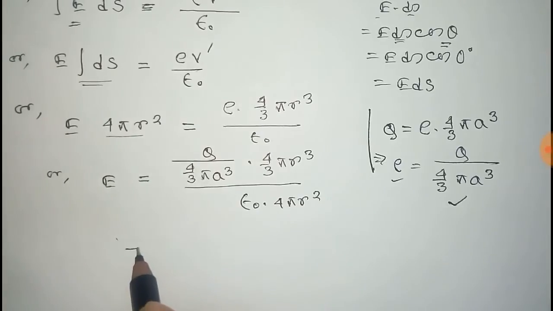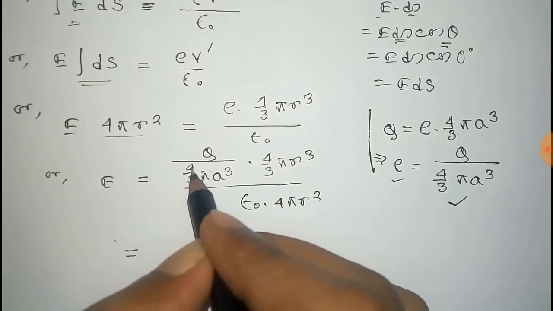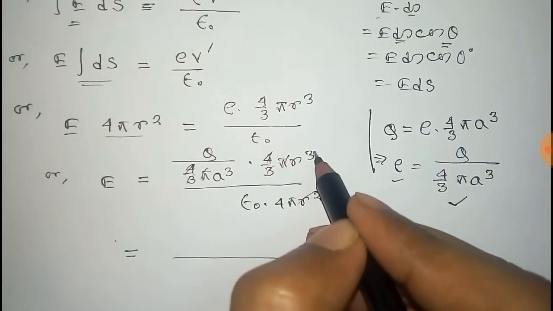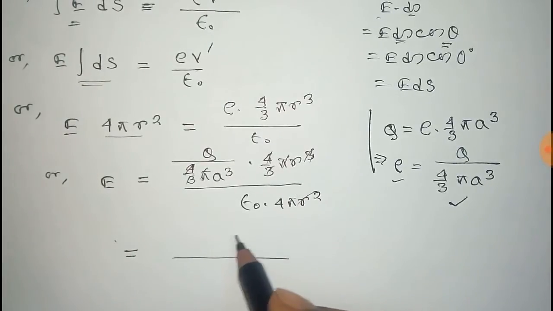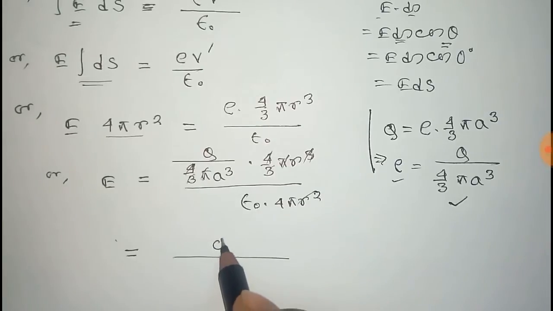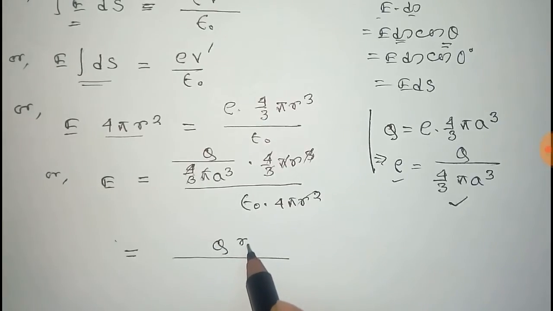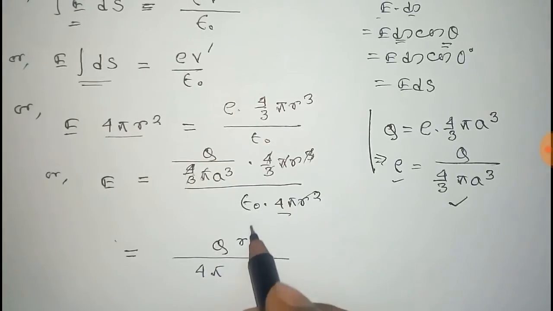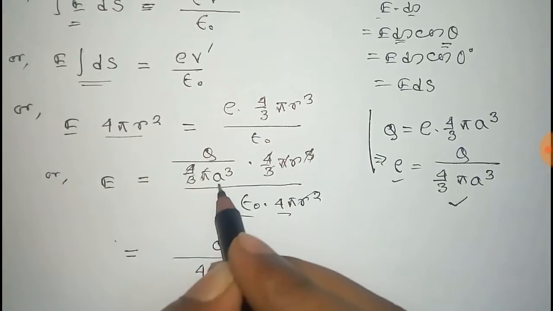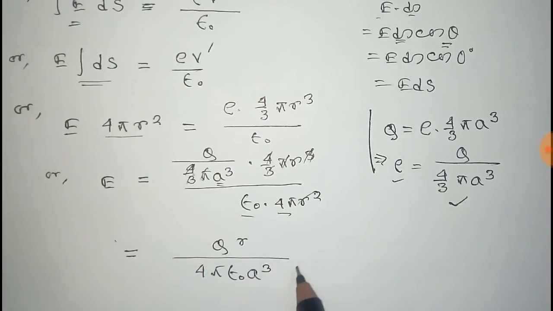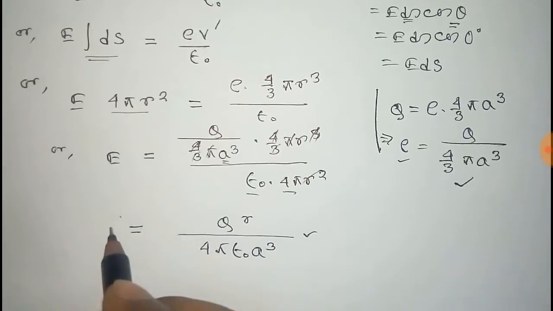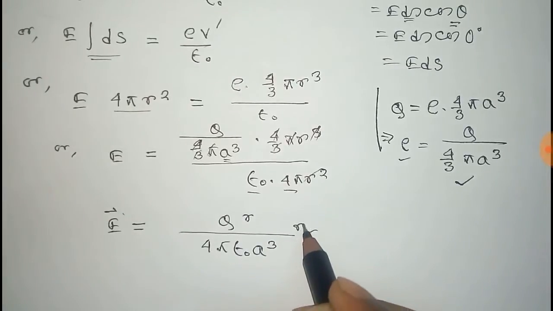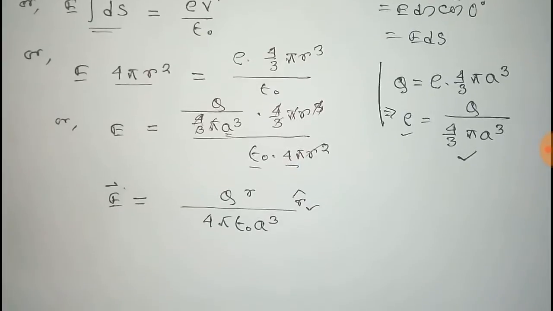Now here this and this cancel out, and this cancels out with r square, and the remaining is equal to Q r by 4 pi epsilon naught a cube. Thus we get the electric field, and the direction of the electric field vector is along the radial vector, so it will be r cap.